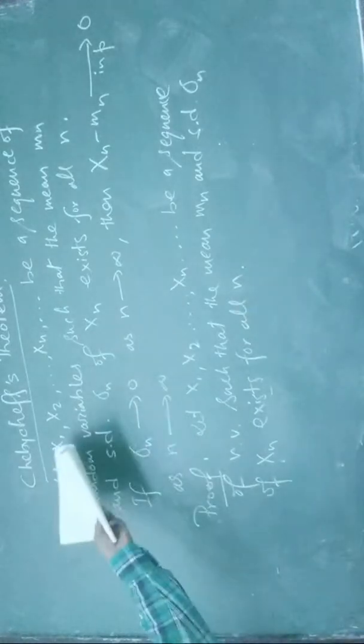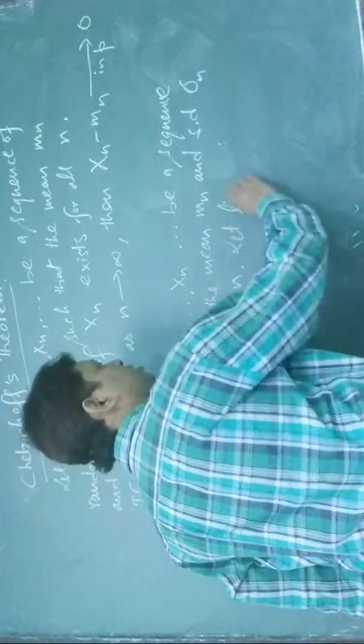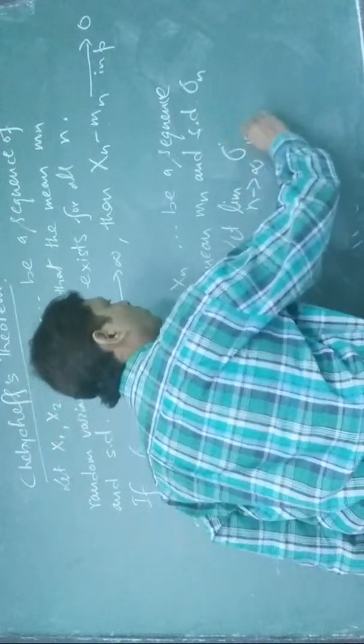So the first line of the theorem statement is the proof's first line. Now let limit n goes to infinity, sigma n is 0. I am supposing this fact. If sigma n tends to 0 as n tends to infinity, so limit n goes to infinity, sigma n is 0. So I am supposing this.